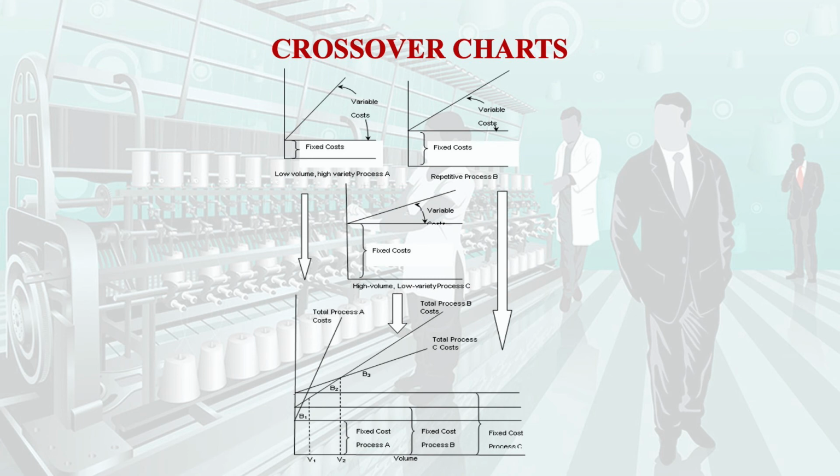We have two terms. First, break-even in terms of monetary units and break-even point in terms of the number of units. P is the price per unit, N is the number of units produced, TR is the total revenue, that is price into number of units, F is the fixed cost, and V is the variable cost.